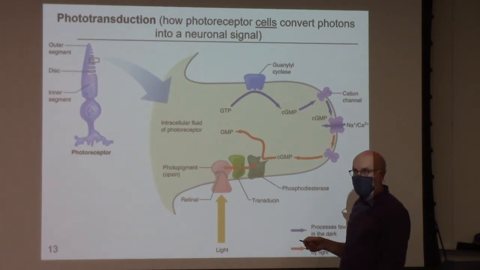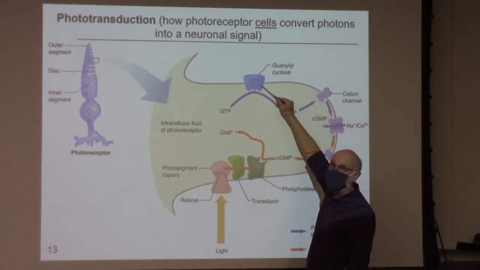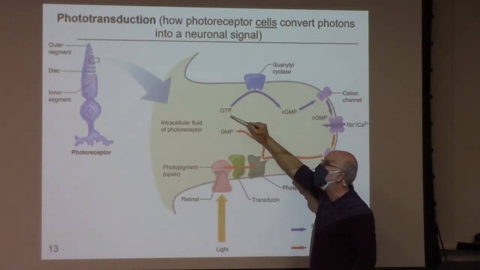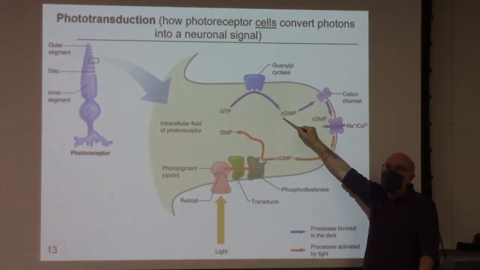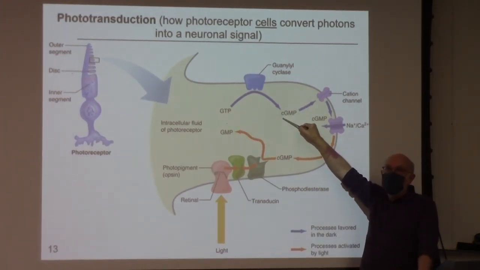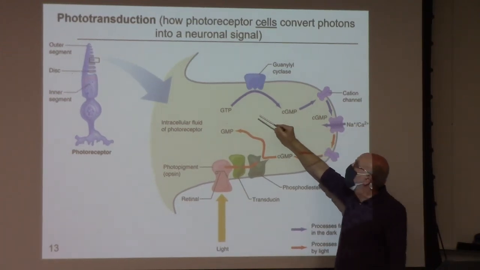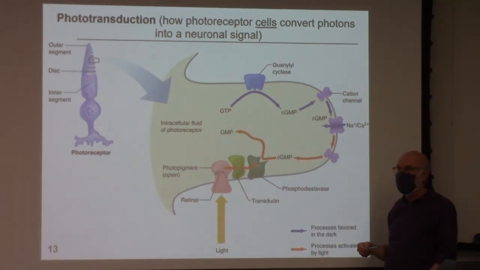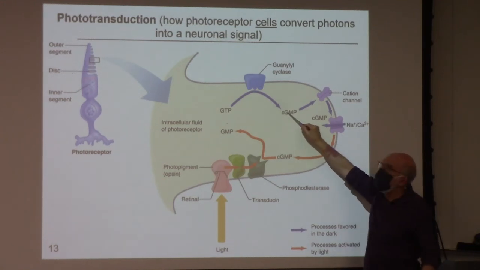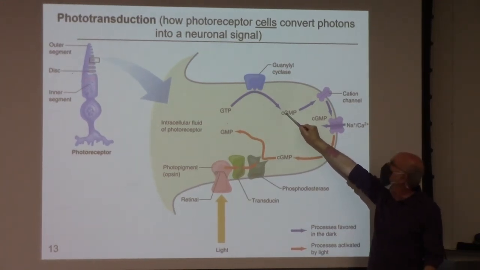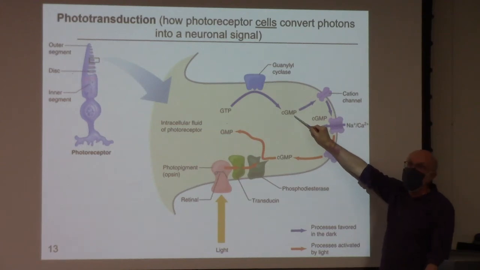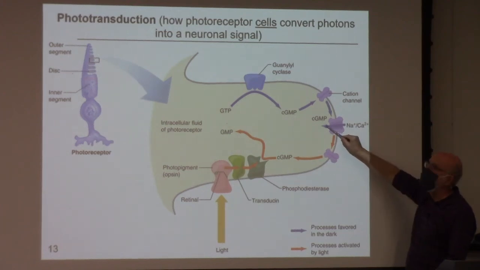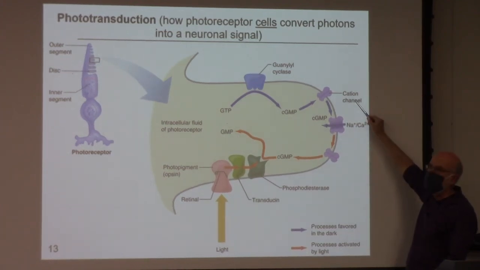So in the dark, there is an enzyme called guanylyl cyclase that is constantly making cyclic GMP from GTP. In the dark, the cells are metabolically active, converting GTP into cyclic GMP. The cyclic GMP opens a cyclic nucleotide-gated cation channel.